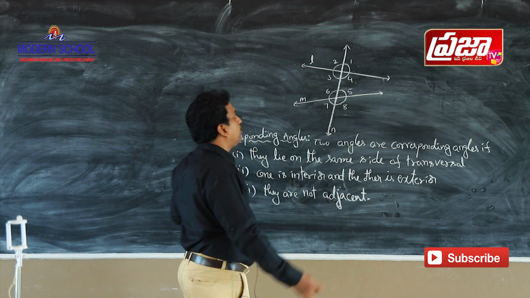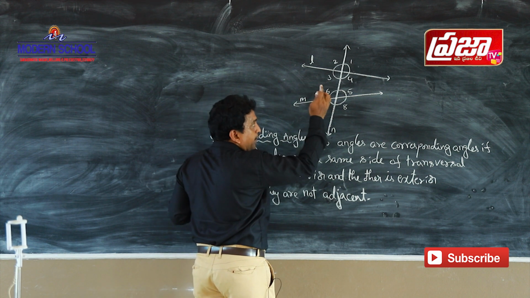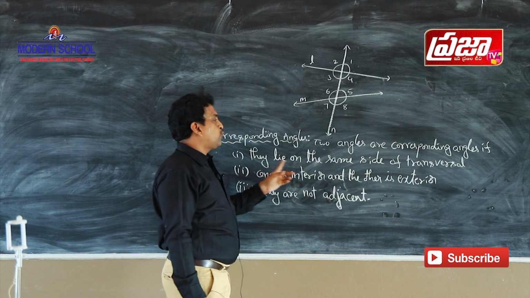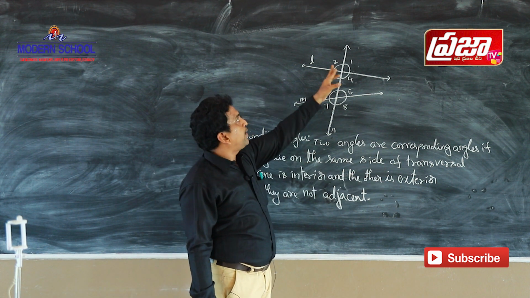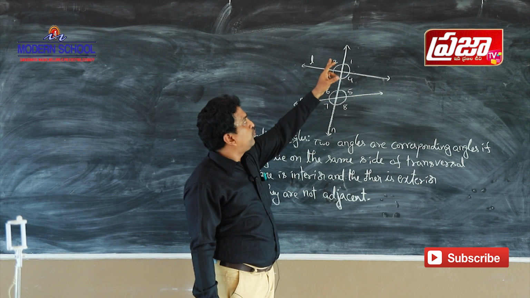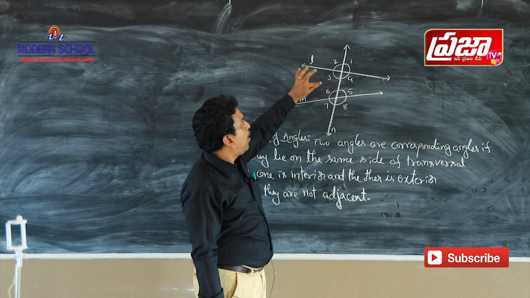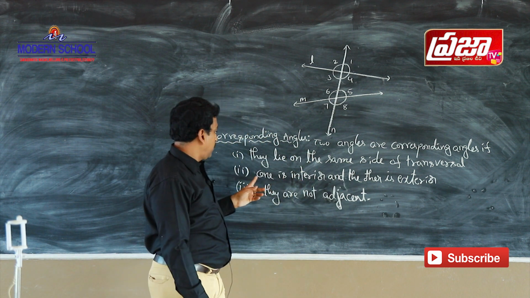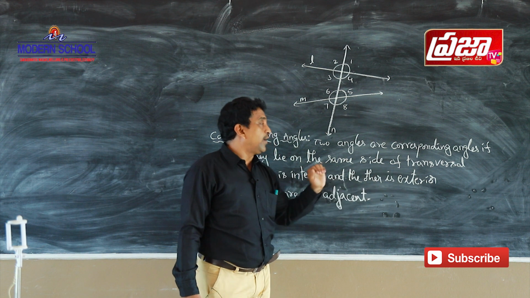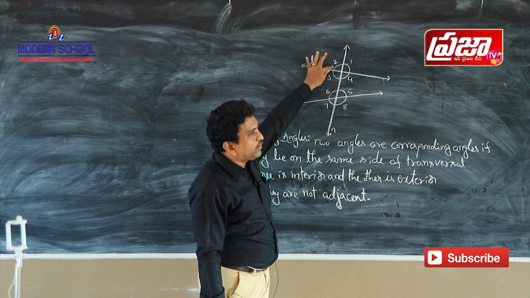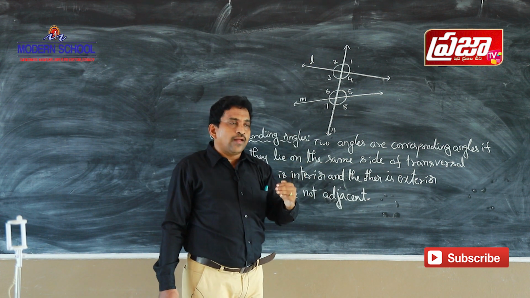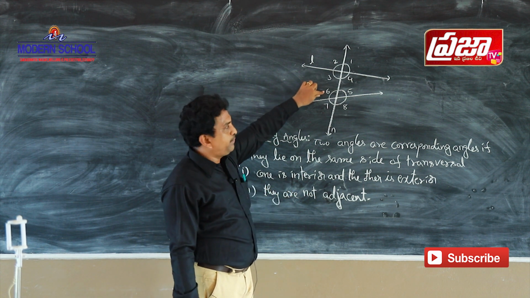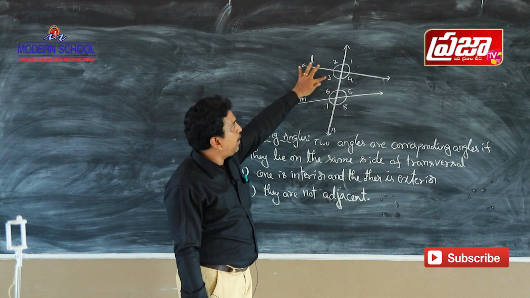So the corresponding angle is either 3 or 6 or 7. Now second point, one is interior and the other is exterior. Since 2 is exterior, the other angle should be interior. So 7 is eliminated, either 3 or 6.